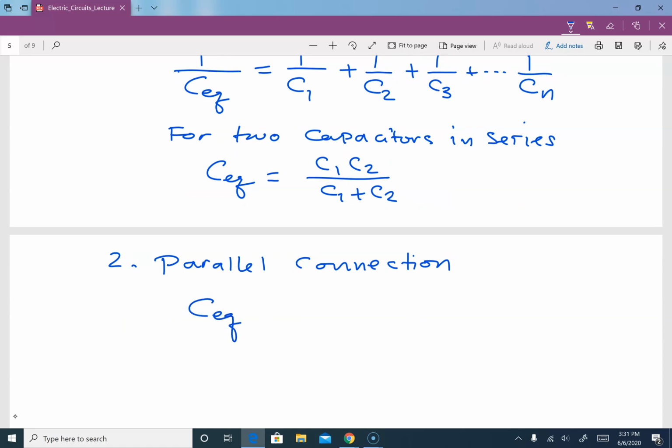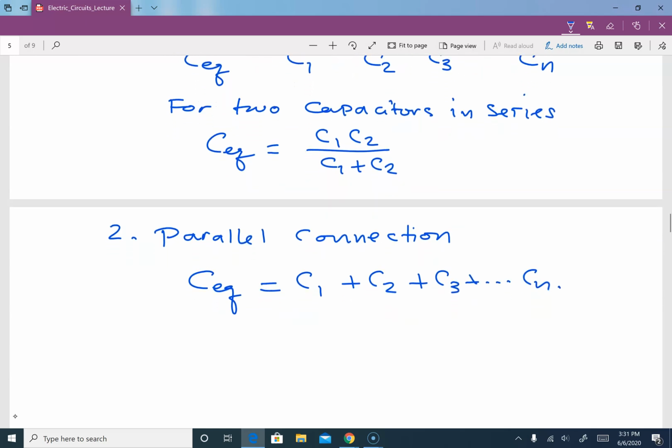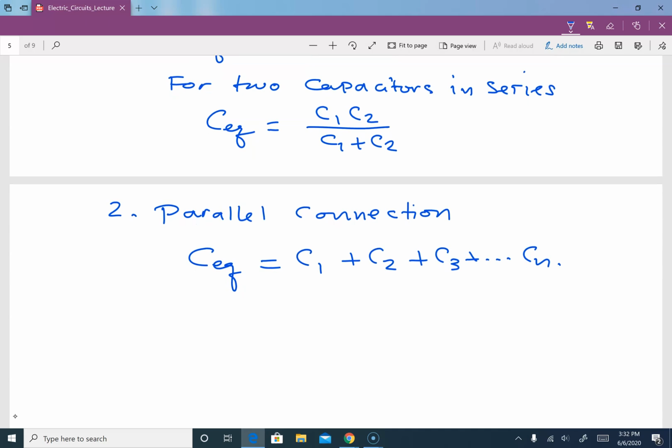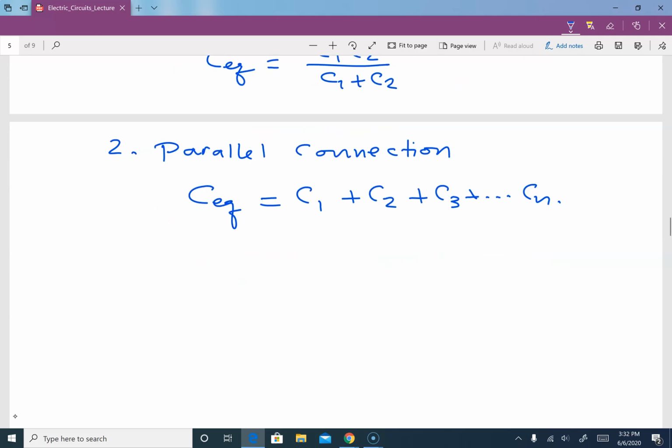So C equivalent is equal to C1 plus C2 plus C3 plus Cn. Don't forget that it is the other way around with respect to capacitors when we are doing the equivalent capacitance compared to resistors.